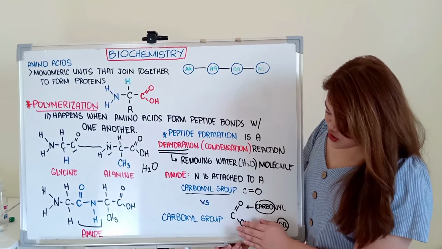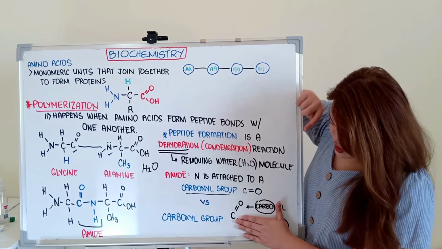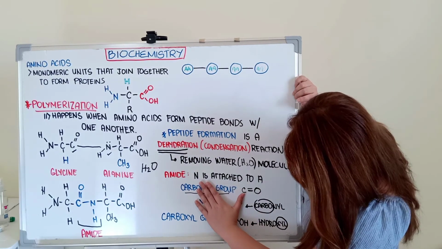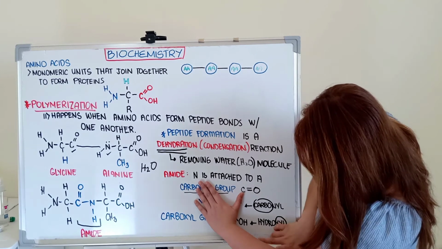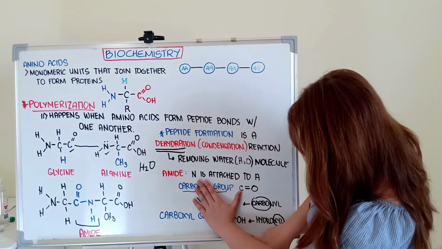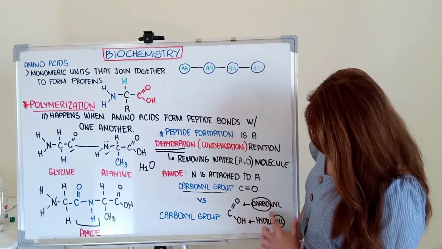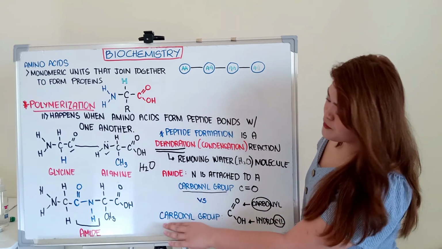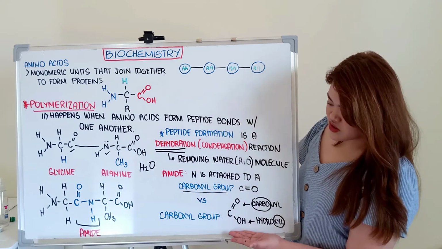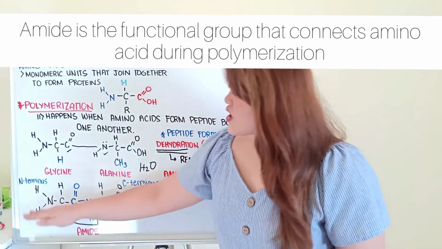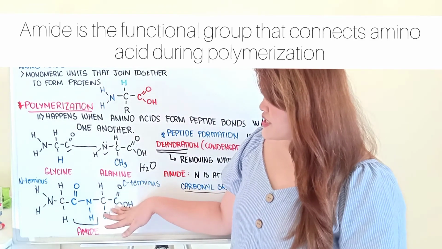It's a combination of a carbonyl, so we have carbon double bonded to oxygen, and hydroxyl. Tinawag siyang hydroxyl because we have a hydrogen and oxygen atom. So hydroxyl plus carbonyl, carboxyl, carboxyl group, COOH. Going back, amide is the functional group that connects our amino acid during polymerization.